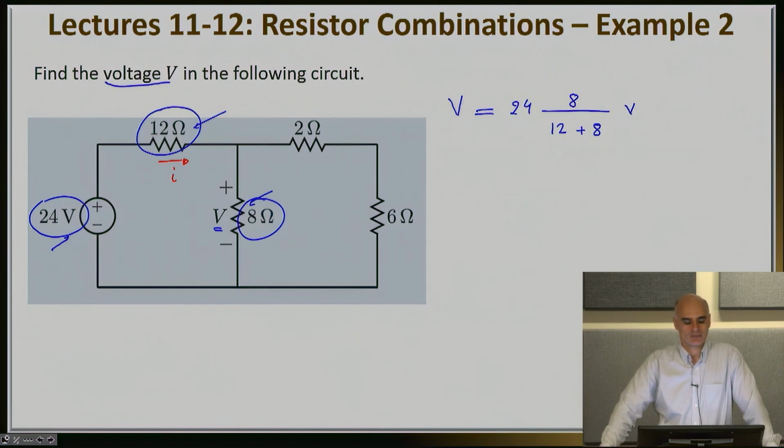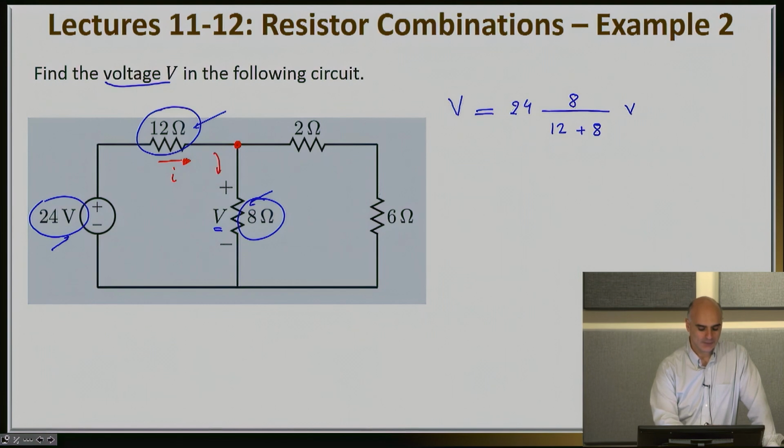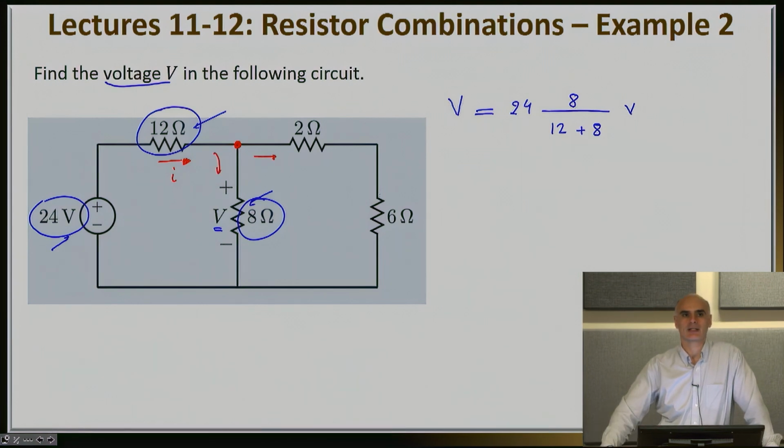If you're the current right here and flowing through the 12 ohm resistance, you're going to reach this essential node of the circuit, and then you can either go down or you can basically go to the right.